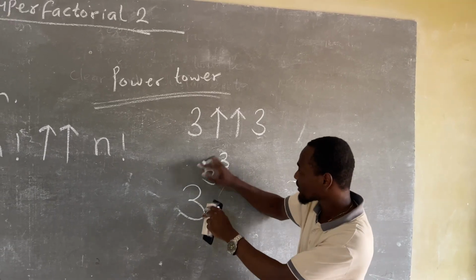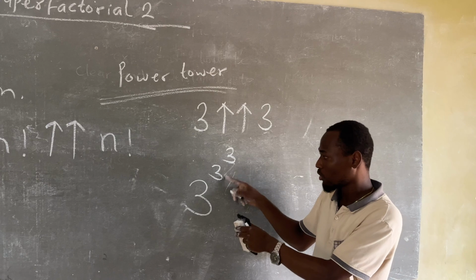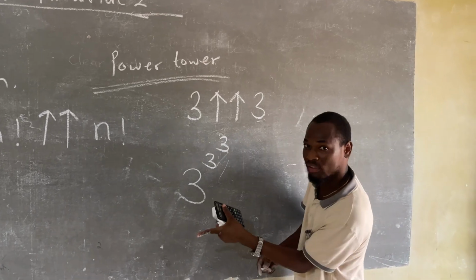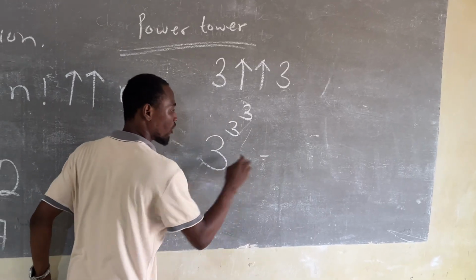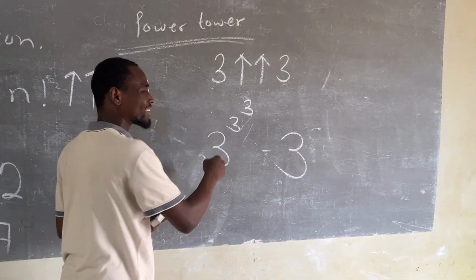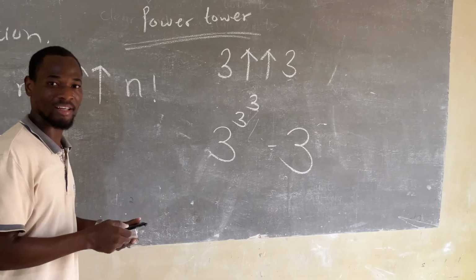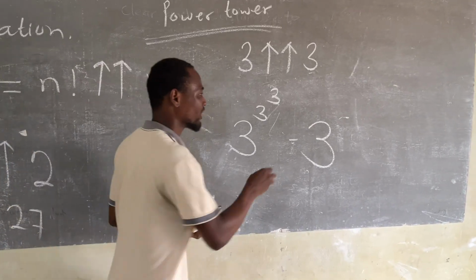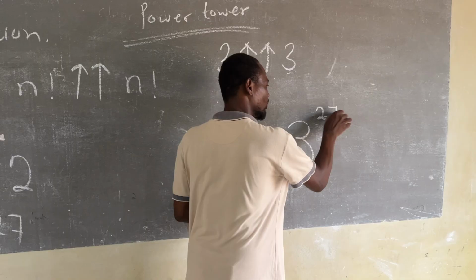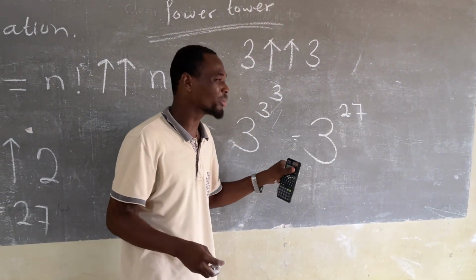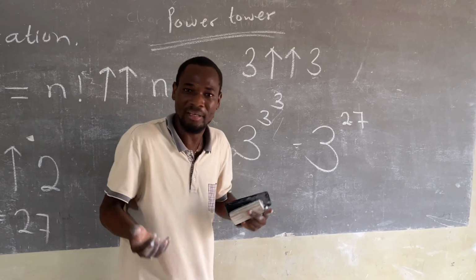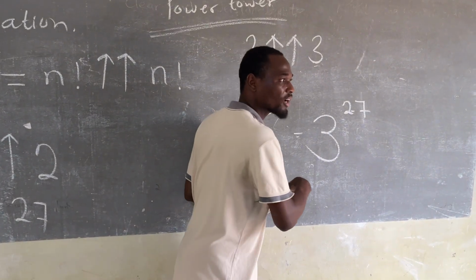So I'll write my 3 over here. What is 3 raised to the power 3? 3 raised to the power 3 is 27. Then you also evaluate this, and realize that you'll be getting large numbers. So you can leave your answer this way.